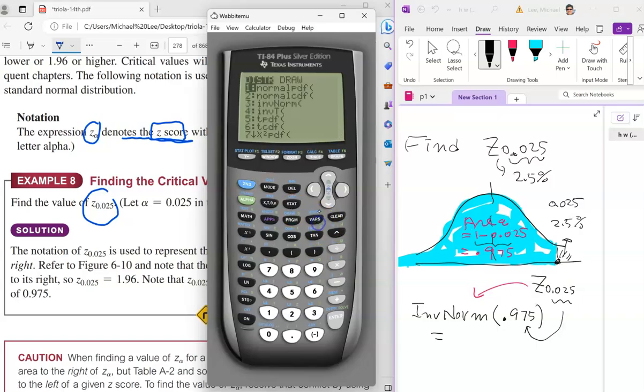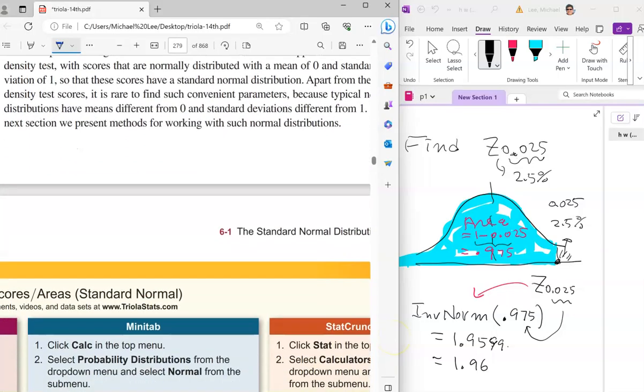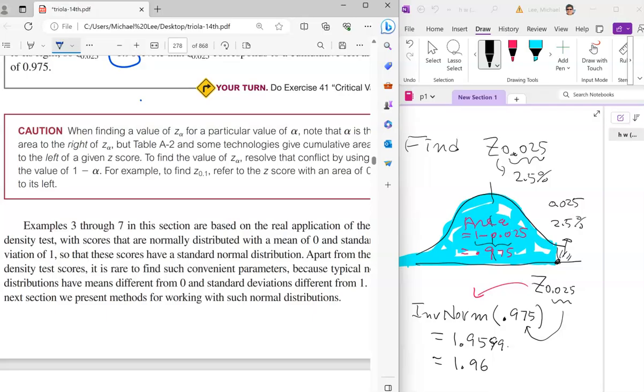Second vars, go to number 3, 0.975. So that is 1.95, now we did that already. So this is 1.96. Okay, 1.96. Okay. All right, this is the end of it. You should go try the quiz. Okay, quiz 6.1. Thank you.